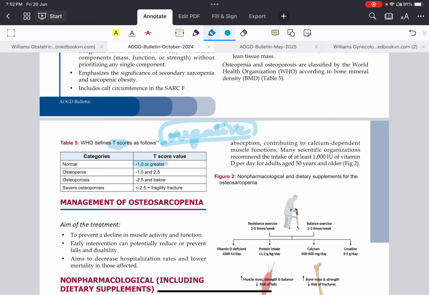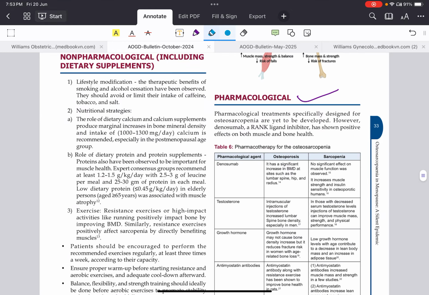Normal is -1 or greater. In osteopenia, it is -1 to -2.5. Osteoporosis is -2.5 and below, and severe osteoporosis is -2.5 with fragility fracture.